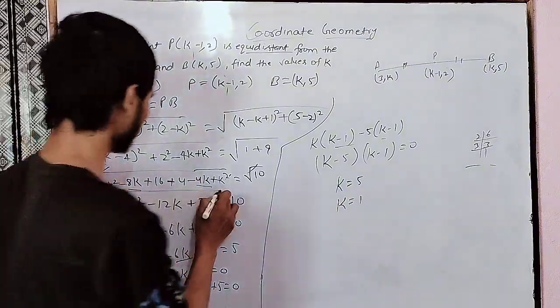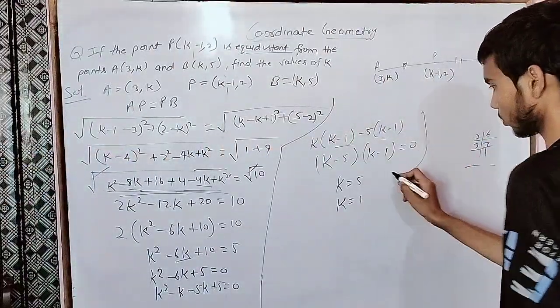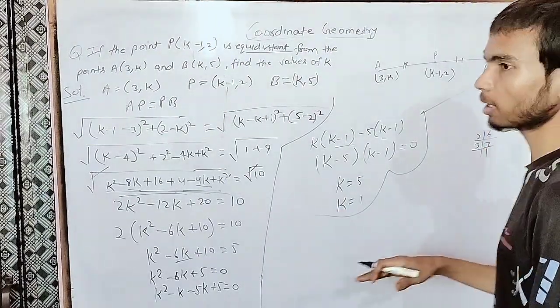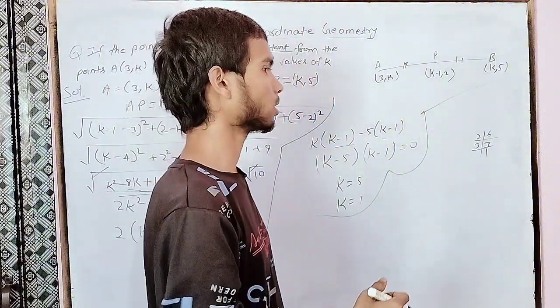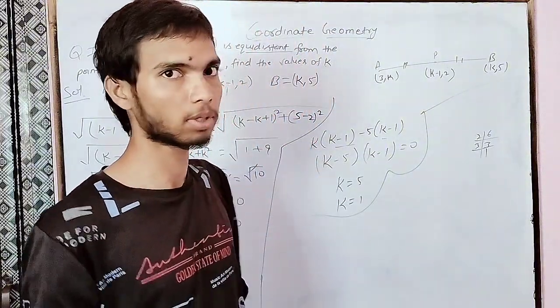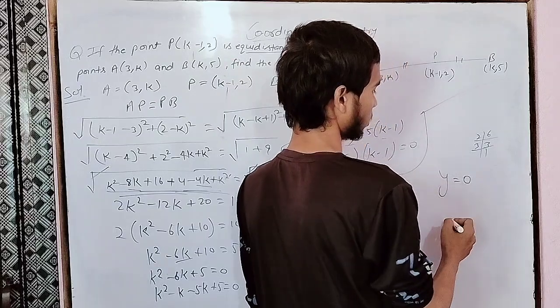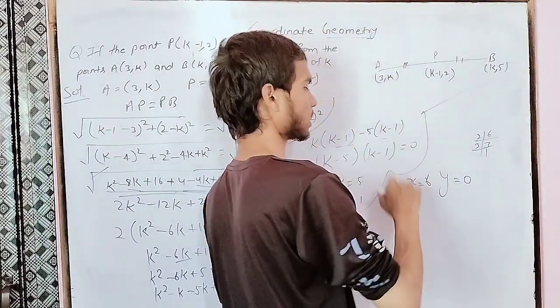So I was doing here wrong. Here I was doing wrong. One point more I wanted to discuss separately. Any number that is on the x-axis, except 0, y will be considered as 0. X is something. Let's say 6 on x-axis.